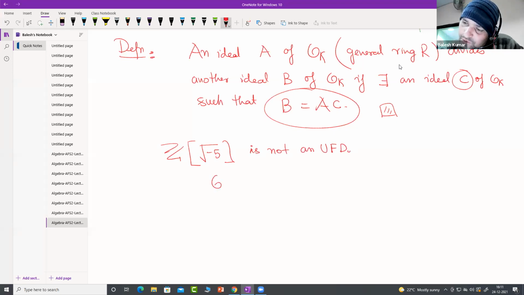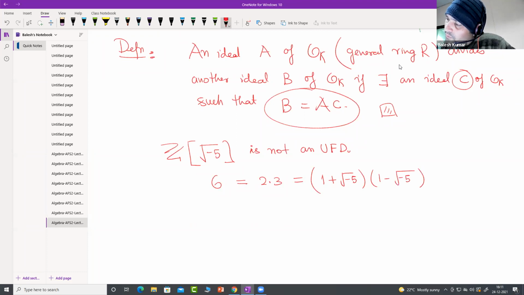This is just because we have 6 as an element written in two different ways in terms of irreducible elements: 2 times 3, and 1 plus square root of -5 times 1 minus square root of -5. But this representation is not unique as an element.